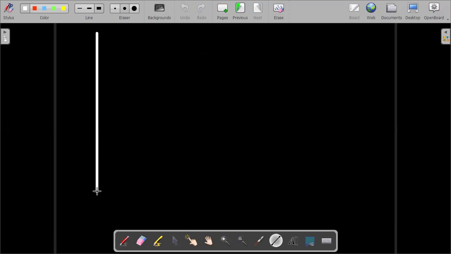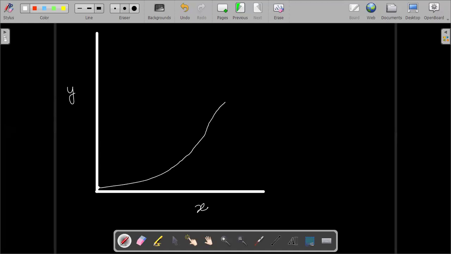So consider here we have a graph, let's say I have a variable y and here I have a variable x. And suppose I have a graph something like this.